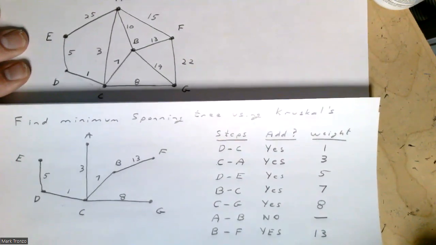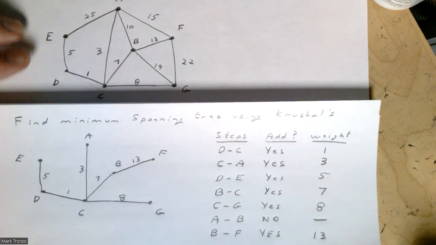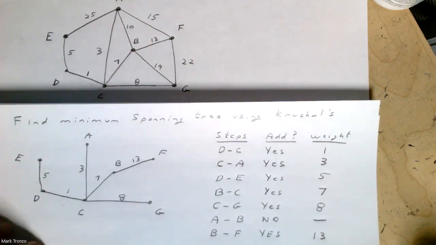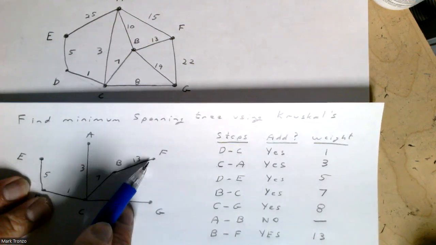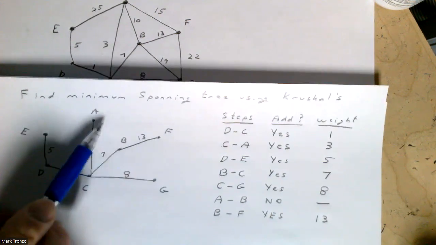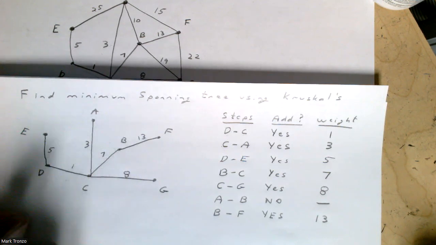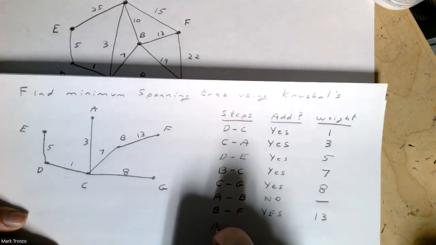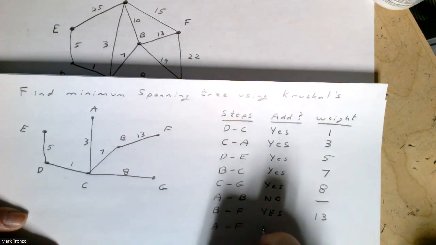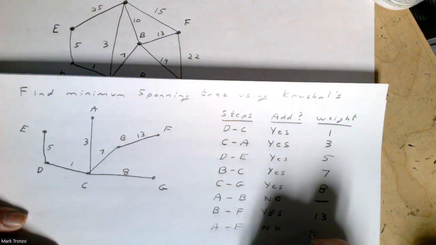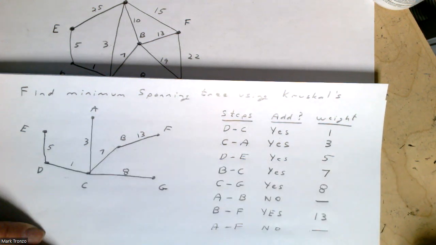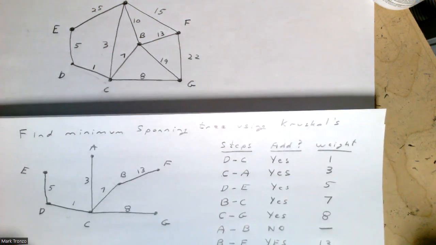Now let's check what's the next one. It's going to be AF. But if we do AF here, notice that's going to cause a circuit. So that one's going to be no. That was 15. We didn't add that. So what's the next one?